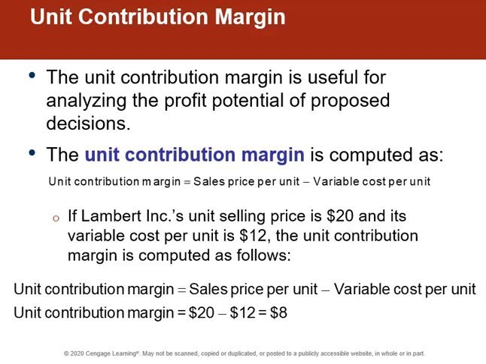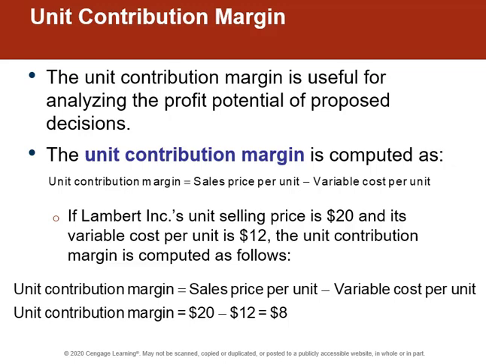So $20 minus $12 gives us a unit contribution margin of $8. So what that means, for every item that we sell, $8 of that revenue can go towards our fixed cost. That's the portion that we have available to cover fixed costs.